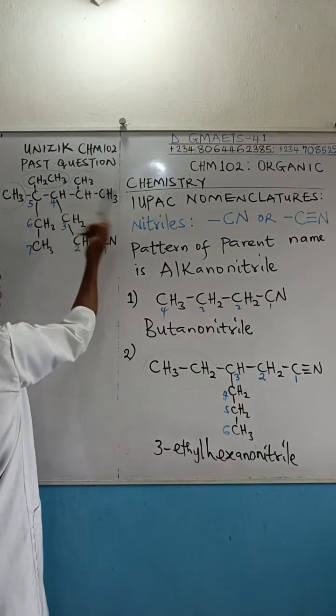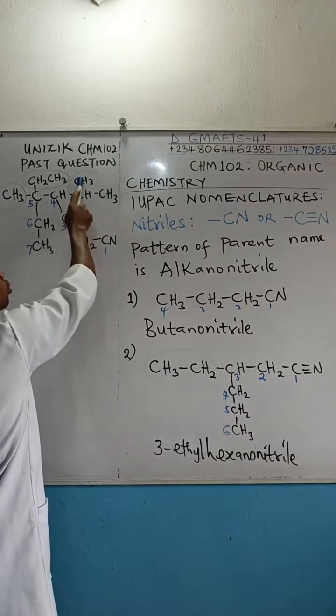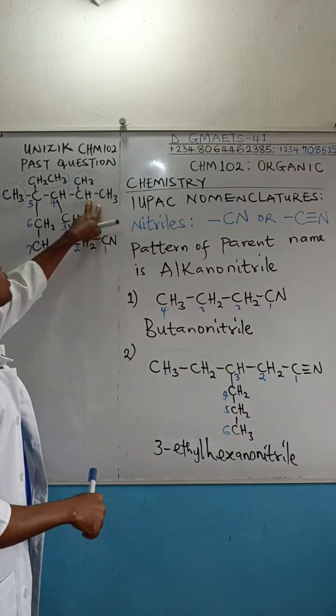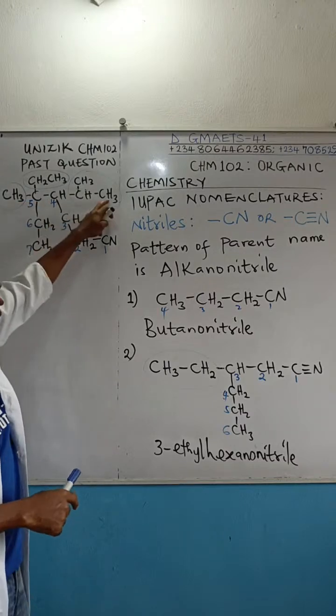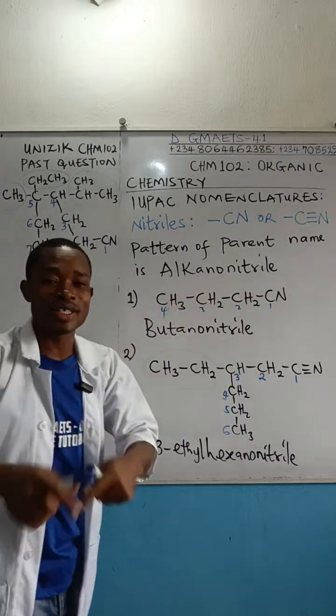There are 2 as you can see here, 1, 2, or 1, 2. So we have 2 carbon atoms as a substituent on carbon number 4 of the parent. But on that 2 carbon atom, 1 other carbon is an attachment.